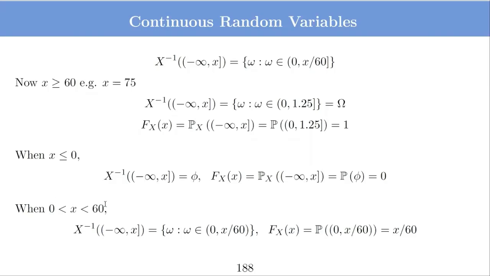And for x between 0 and 60, the probability of the pre-image is the probability that omega is between 0 and x/60. Because we have a uniform measure, remember, in uniform measure the probability of (a, b) is b minus a. So the probability of this is x/60.